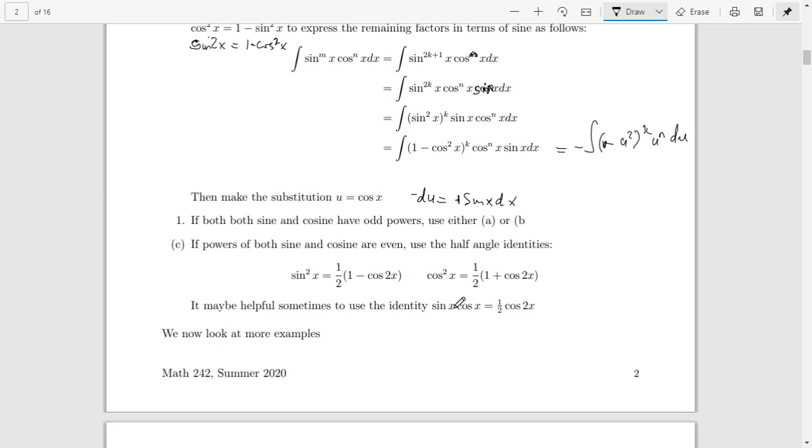Sometimes we may want to use the double angle formula: sine x times cosine x is equal to 1/2 sine 2x.